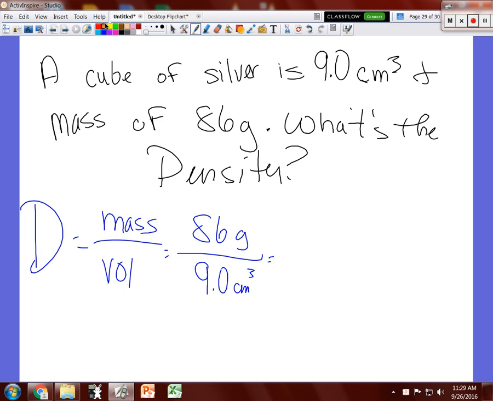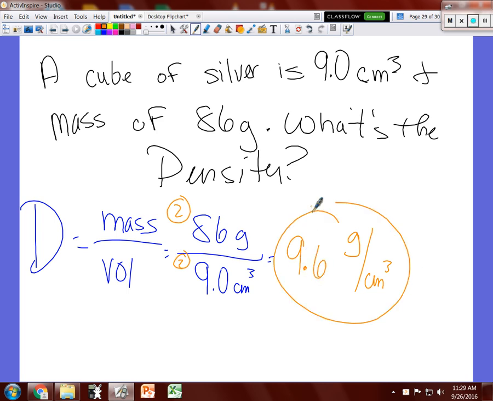No. So your answer is grams per cubic centimeter. How many significant figures are in 86? There are 2. What about 9.0? 2. So your answer has 2. So what is your answer to 2 significant figures? 9.6. And again, it's 9.6 because of rounding.